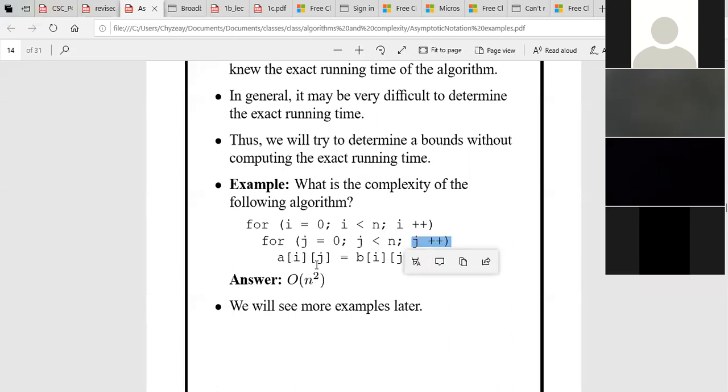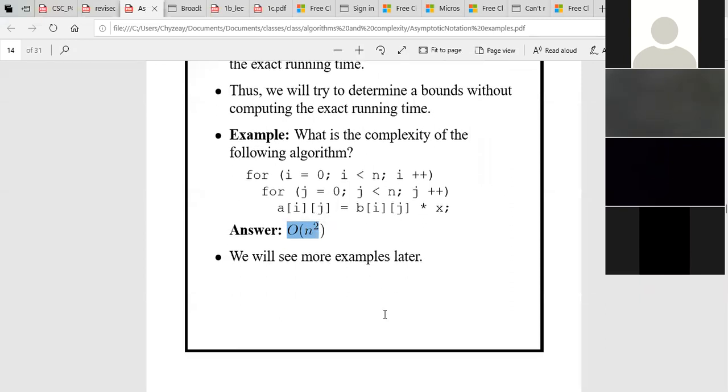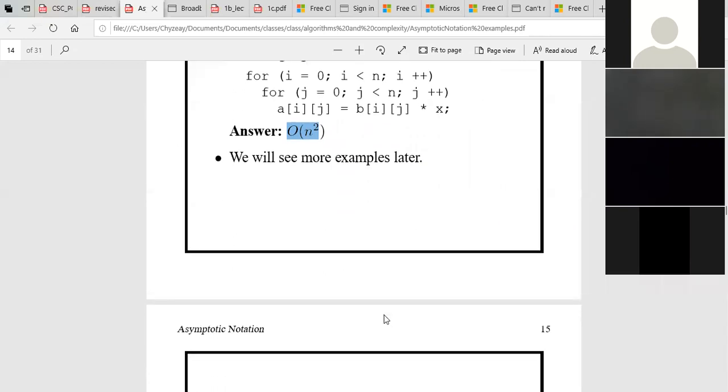So when you have an array of i and j, you understand that their incremental factor of x will be determined if you have this expression as stated here. Then if this exists, then the highest possible complexity for this expression is big O of n raised to power 2. So that is so clear. So we'll be seeing more of that, and that is all we have to do today.